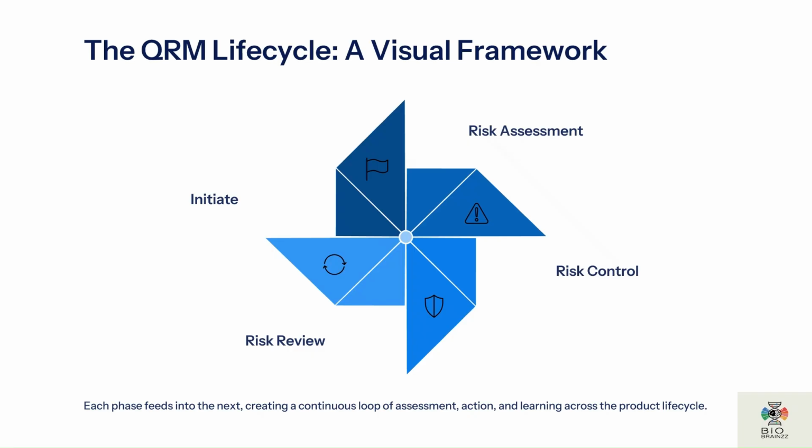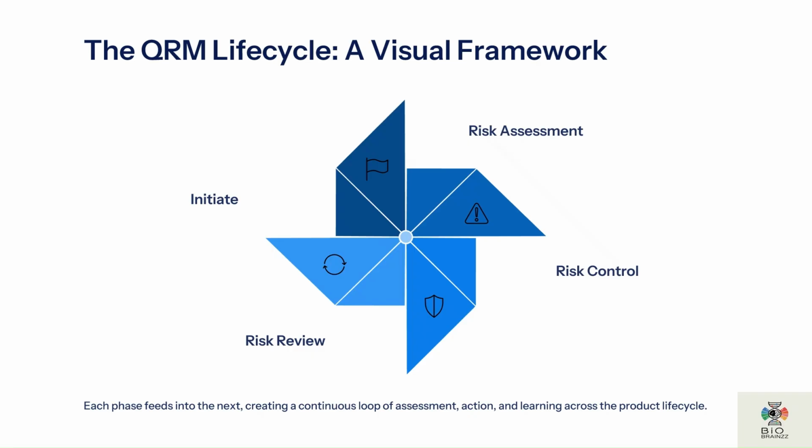Quality risk management follows a continuous cycle. The life cycle consists of four major stages: initiation, risk assessment, risk control, and risk review. The process begins by identifying a situation that requires evaluation.